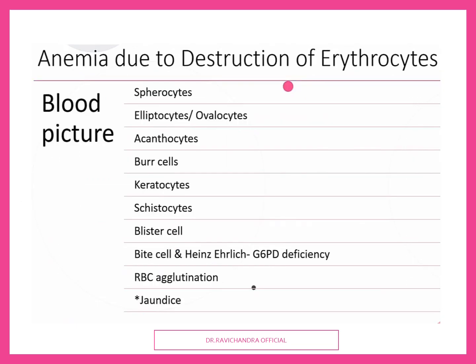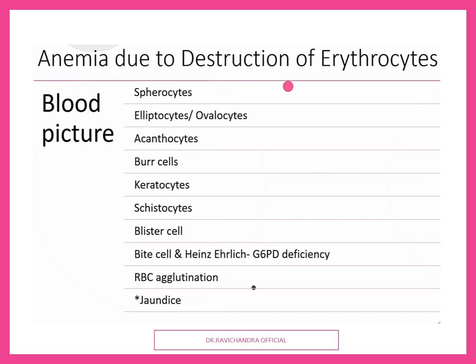In the blood picture, where there is anemia due to destruction of erythrocytes, you can observe spherocytes, elliptocytes, ovalocytes, acanthocytes, burr cells, keratocytes, schistocytes, blister cells, bite cells, hinge bodies, RBC agglutination, and jaundice.